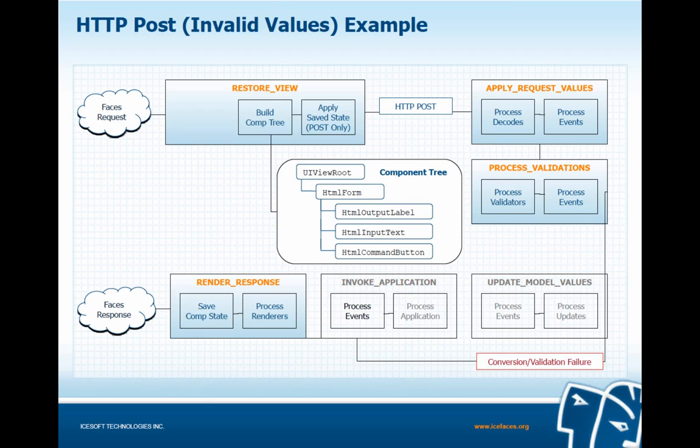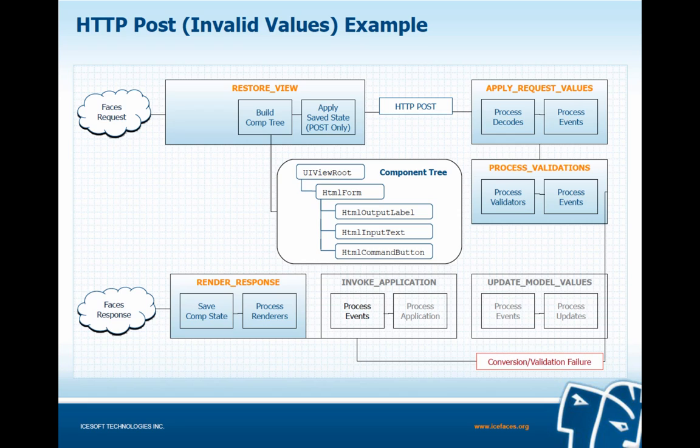Now, in the case of invalid values, the lifecycle behaves slightly differently. Again, we have our restore view phase followed by apply request values, but in process validations, a validator or a converter has failed, so we have an invalid value. Now, we definitely do not want to update our model values with incorrect or invalid data, and we definitely don't want our application methods, actions and action listeners, to operate on that invalid data.